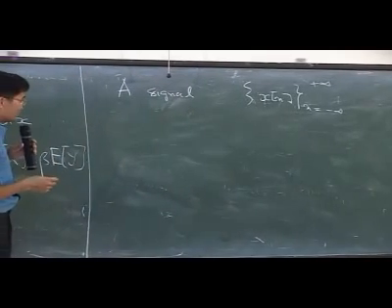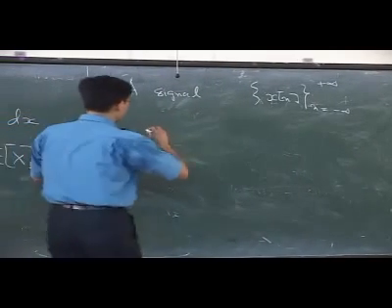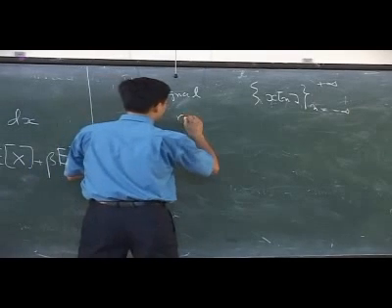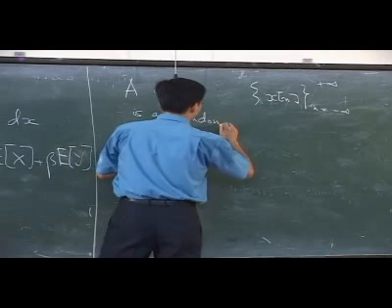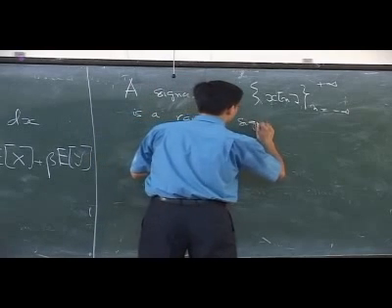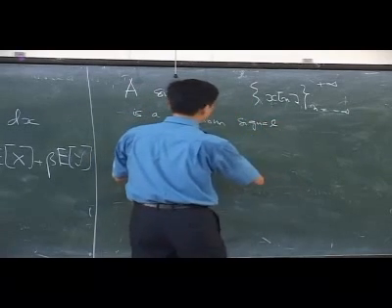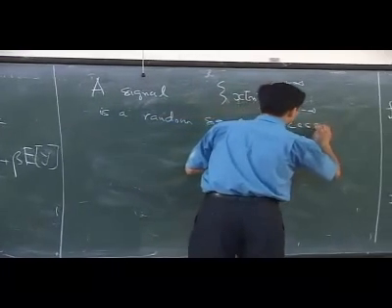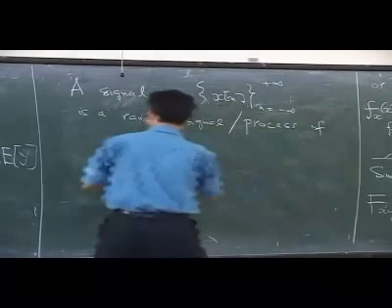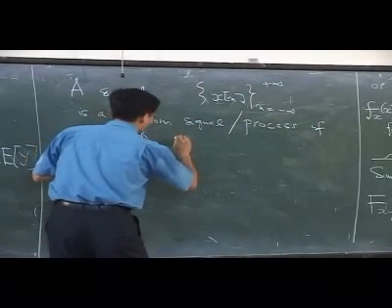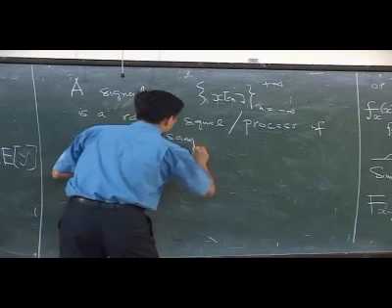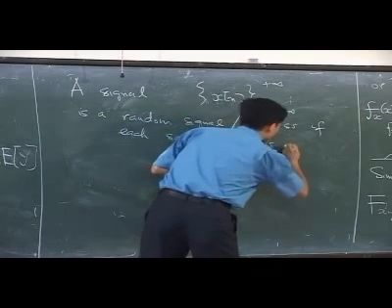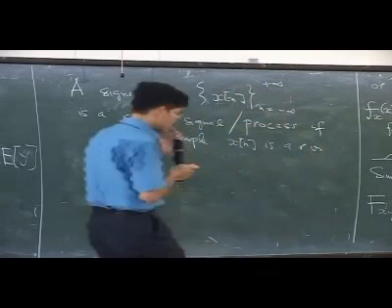So, a random signal, or sometimes called a process, if its sample x[n] is a random variable.